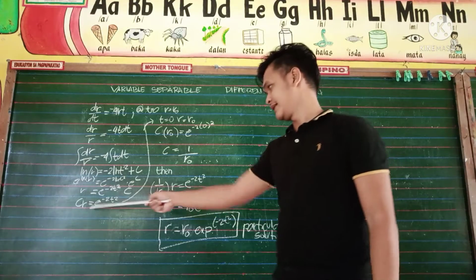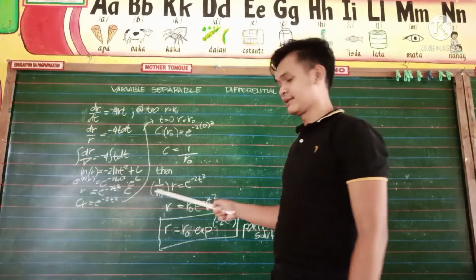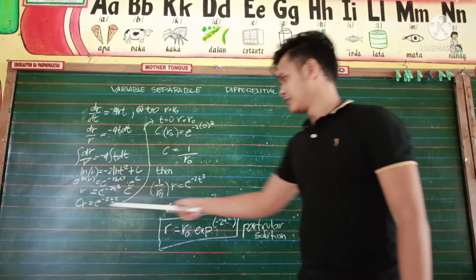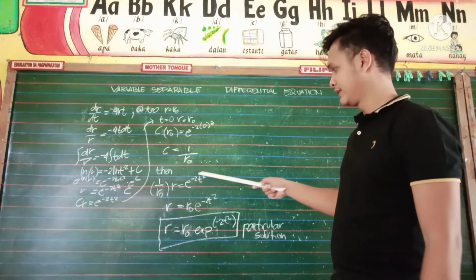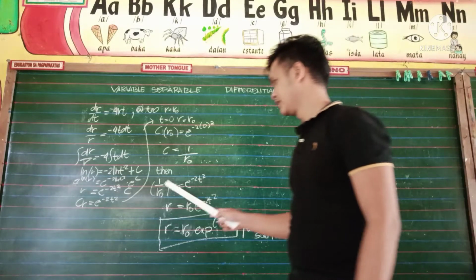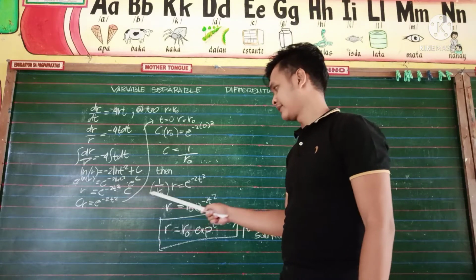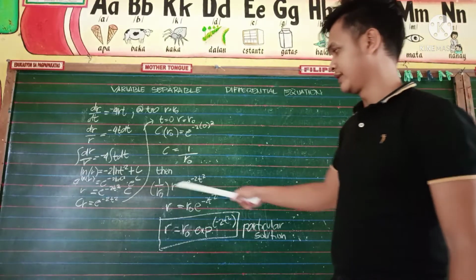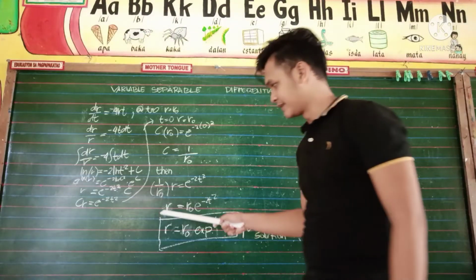Then c is also 1 over r sub 0 multiplied by r is equal to e raised to negative 2t², and to cancel this 1 over r sub 0, we multiply both sides by r sub 0.